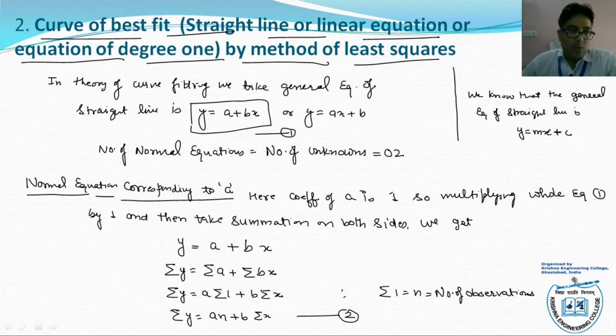Now find the normal equation corresponding to constant b on the next page. The normal equation corresponding to b: again in equation first, the coefficient of b is x.